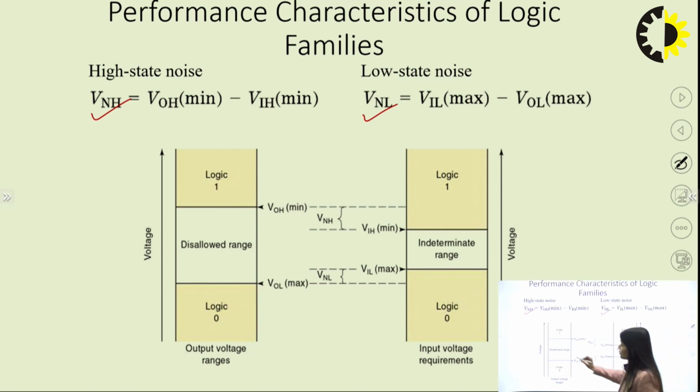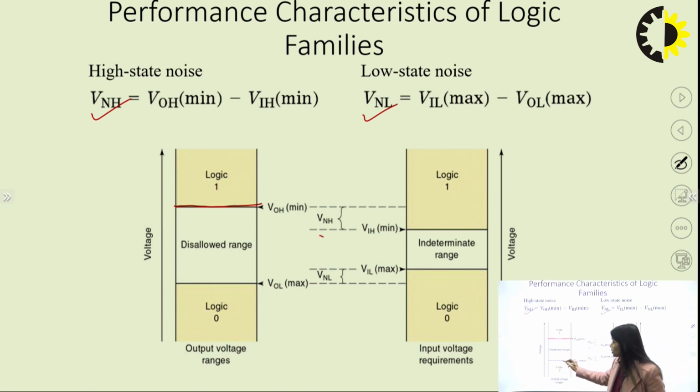There is a logic 1. For logic 1 to be identified or recognized, there is some minimum voltage that should be given. That is known as VOH minimum, so I have mentioned VOH minimum here.